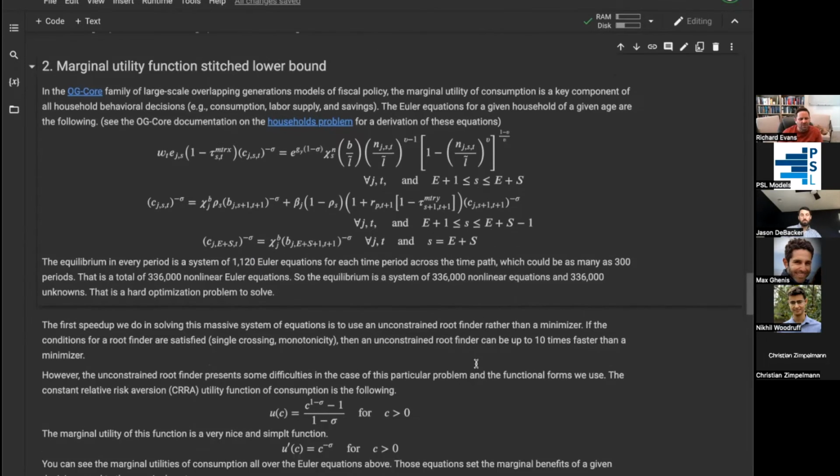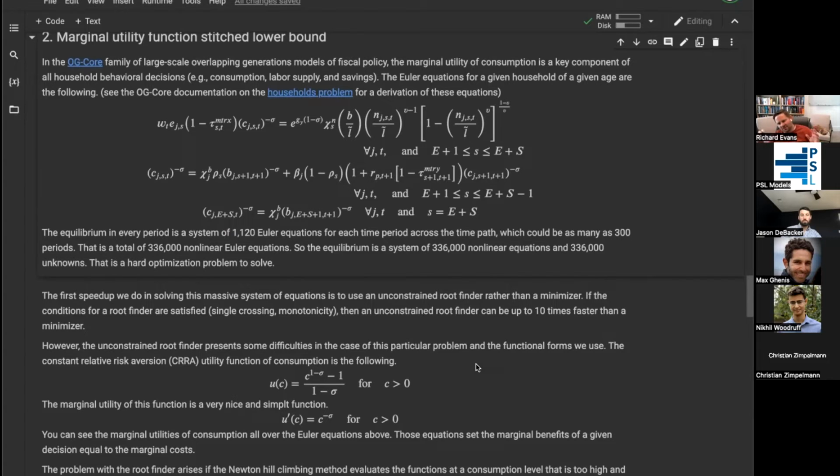And so one speed up that we put into this is, instead of solving a minimization or a maximization problem, we characterized it as a root finder problem, setting those equations, finding the 0 function for those 3 sets of equations, all 336,000 of them. And then just making sure in the theory that the conditions for a root finder to be uniquely identified are satisfied.